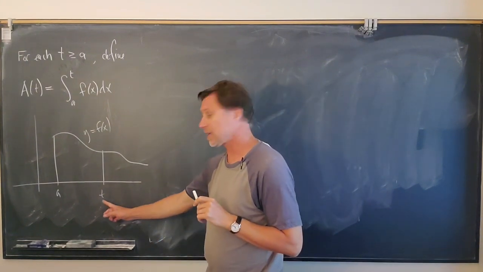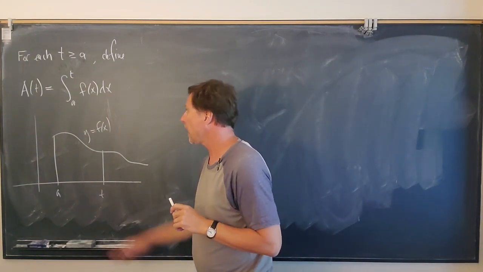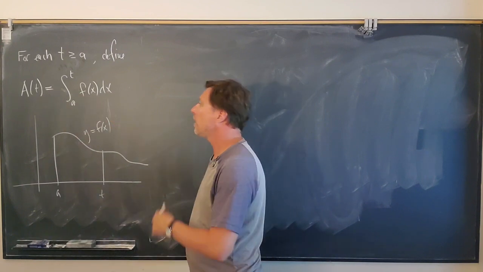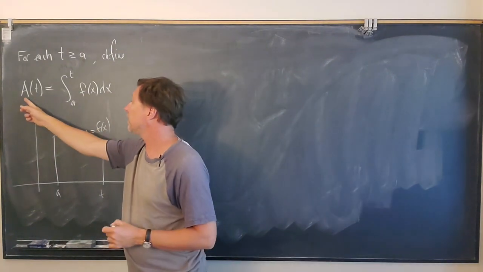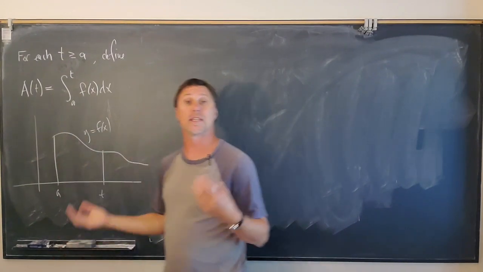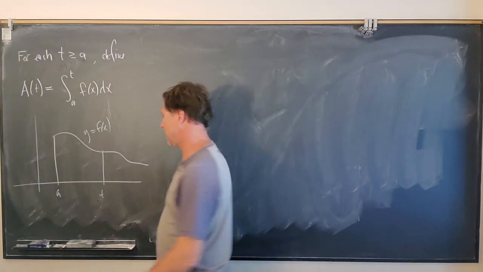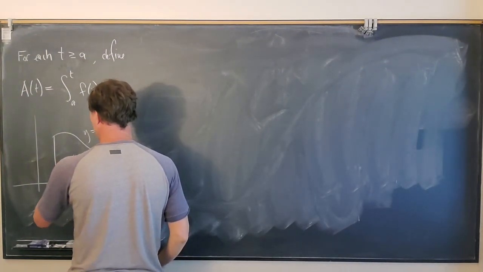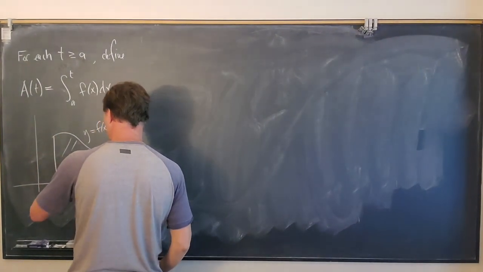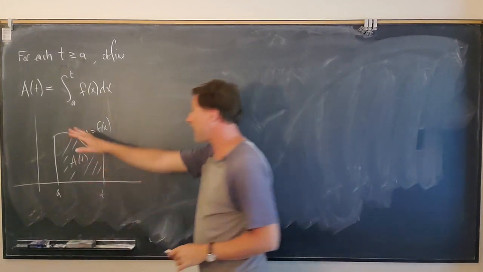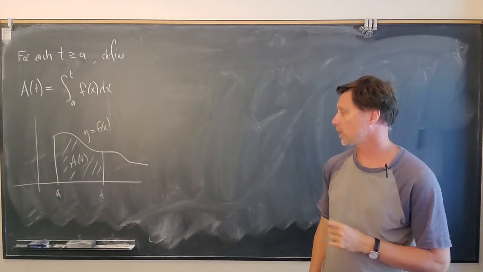Well, you take some value t greater than or equal to a, and A of t is the integral, and so I called it capital A for a reason. Capital A of t represents the area under the graph over the interval from a to t. So A of capital T is the area of that shaded region right there in my picture.